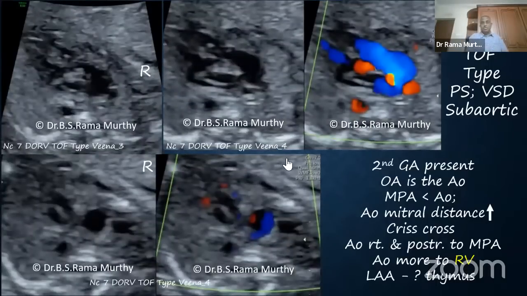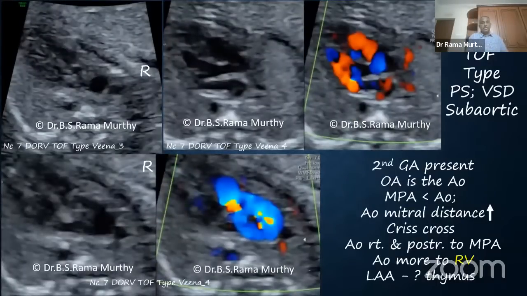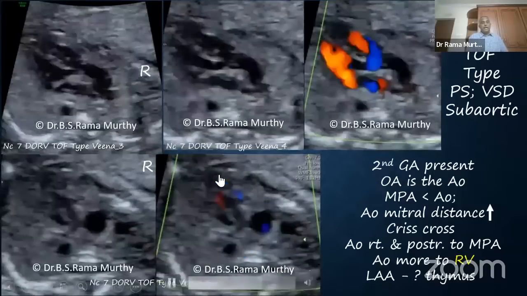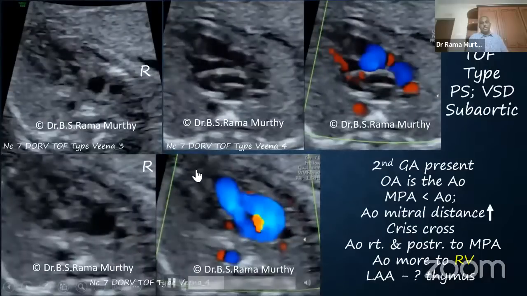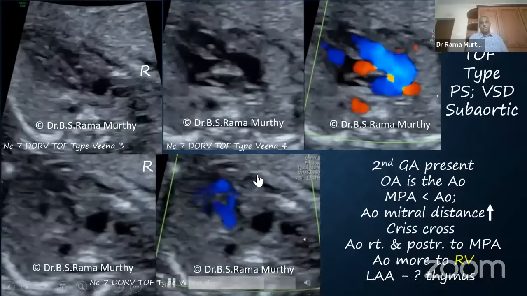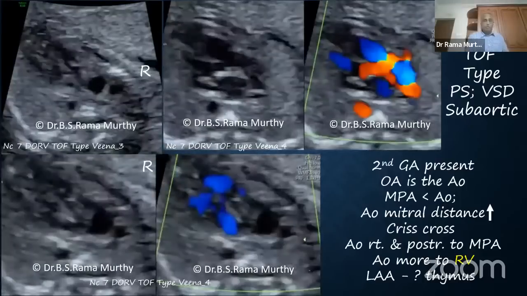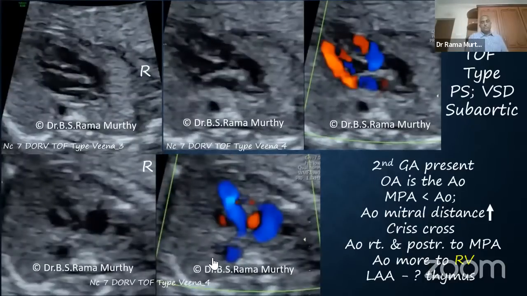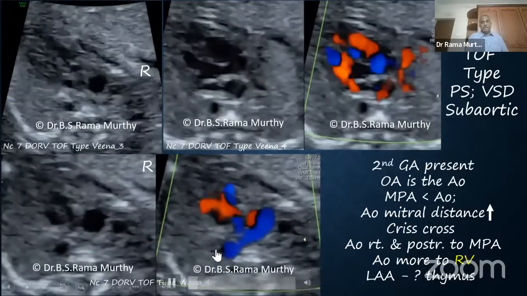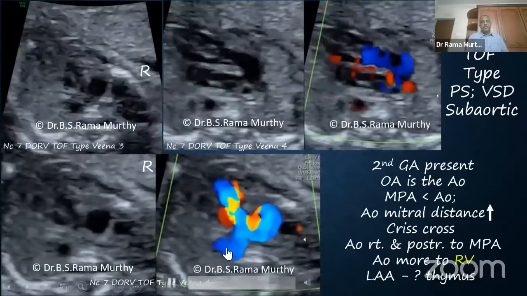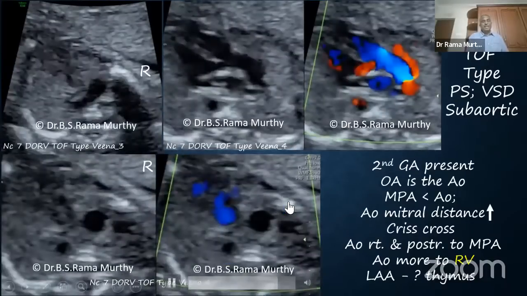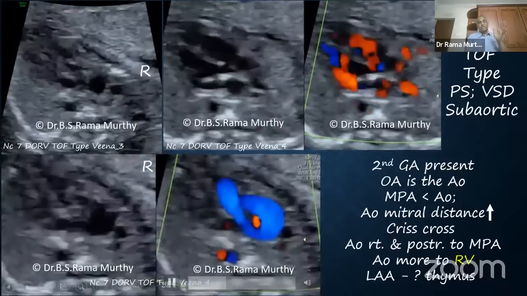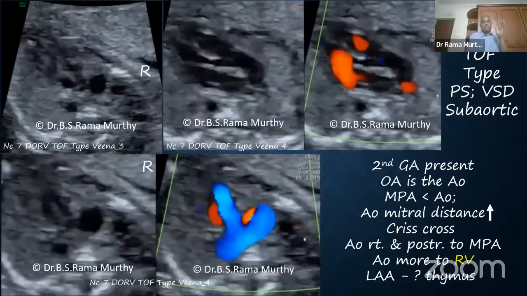And all the answers to the 5 questions are given here. I just want you to look at the distance between the great arteries and the anterior chest wall. There's hardly any gap, which means that there could be a thymic hypoplasia. Also, the fact that the aortic arch is moving to the left of the trachea, so therefore this is not a right aortic arch, but a left aortic arch, DORV TOF type.